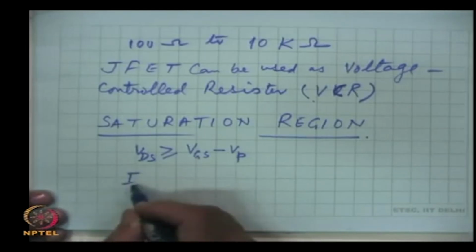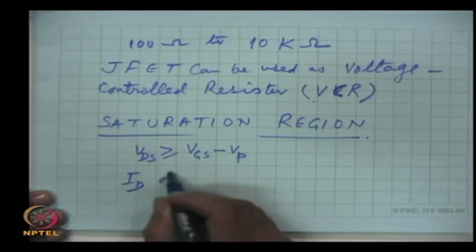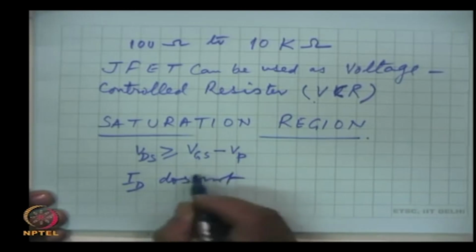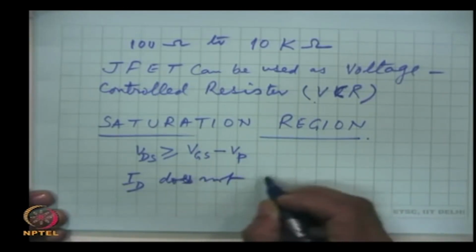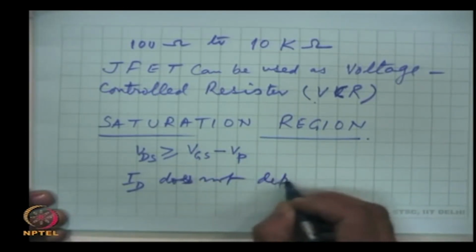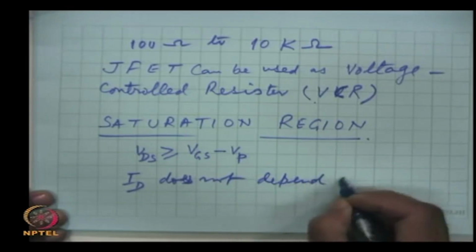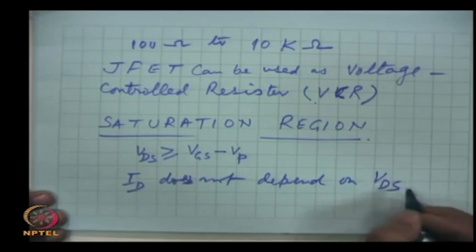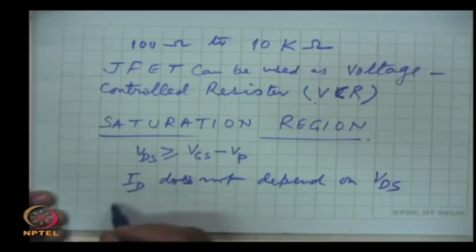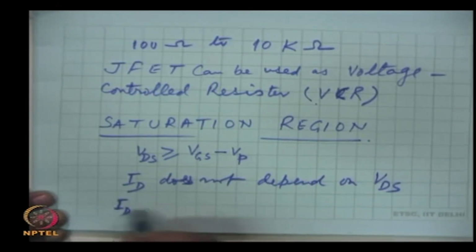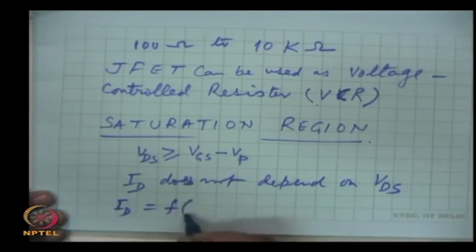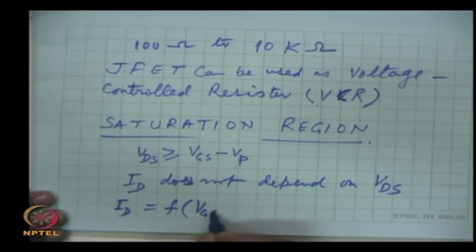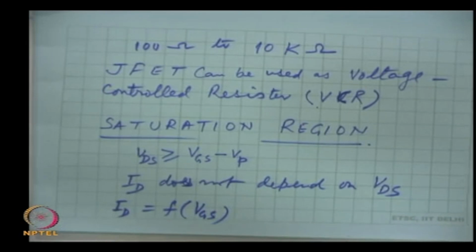Drain current ID does not depend on drain source voltage VDS, but it is a function of VGS, the gate source voltage.